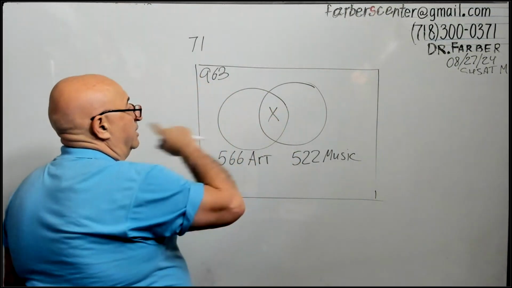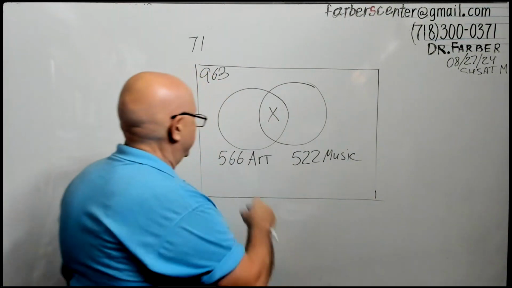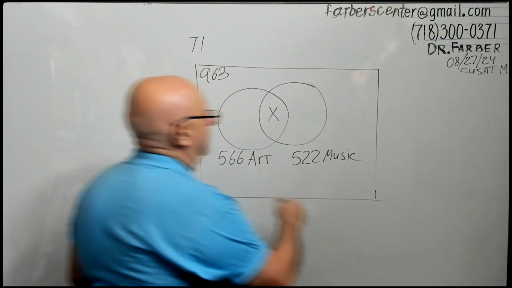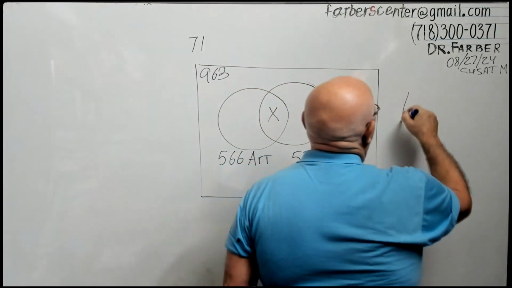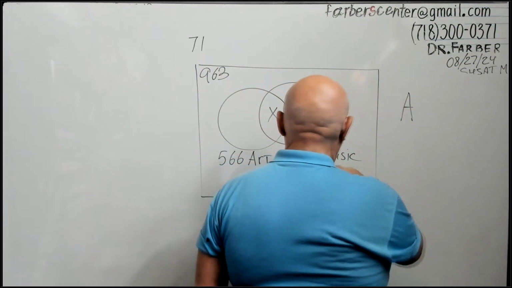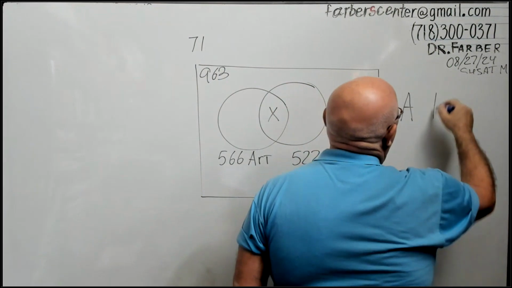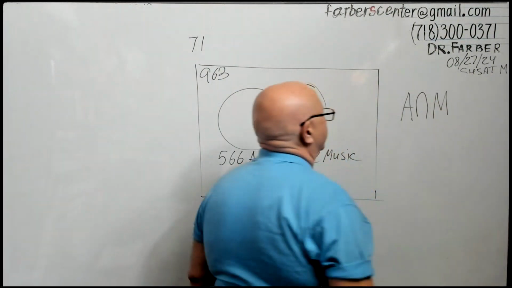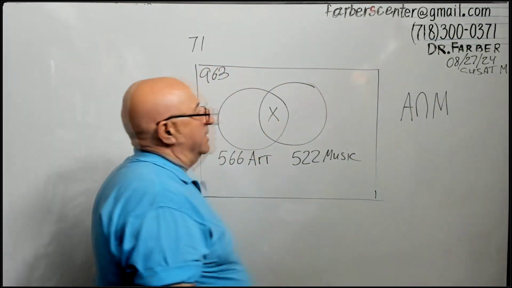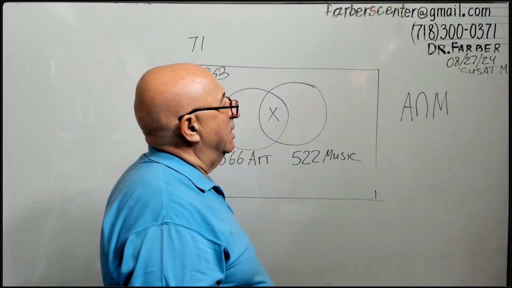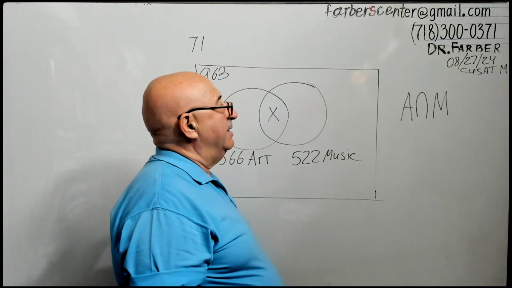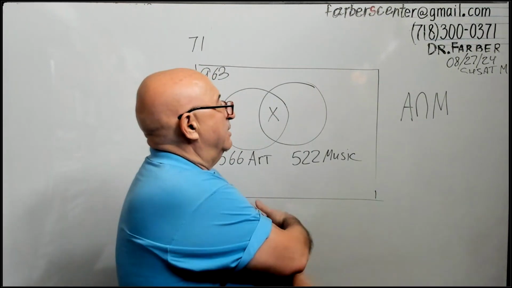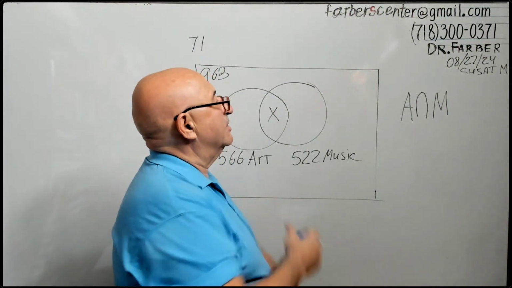Both is the intersection. If you see it in the test, let's say this is set A and this is set M. You have this sign from set theory. It looks like an I; if you squeeze it, pretend this is an expander. It means intersection.